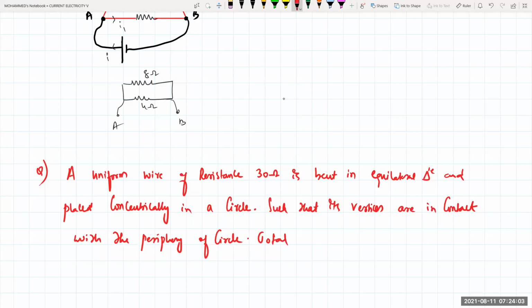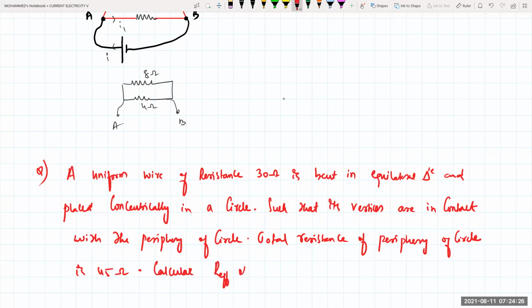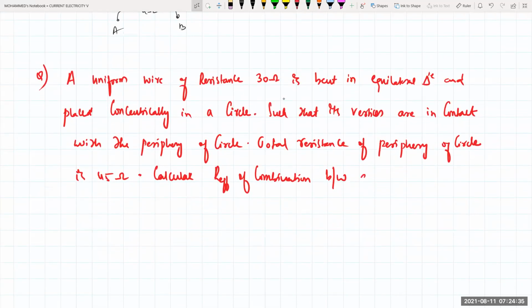Total resistance of periphery of circle is 45 ohms. Calculate R effective of combination between any two vertices of triangle, same equilateral triangle.